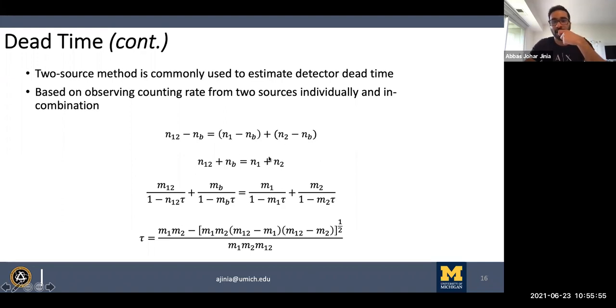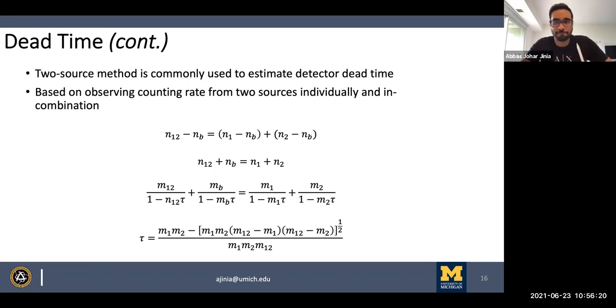But N1 and N2 have to be corrected for background radiation, because when we measured N1 alone, there was some background present. And for a non-parallelizable model, when you work out the math and solve for tau, we can determine the dead time of our detector.